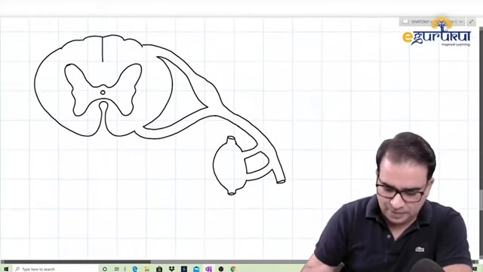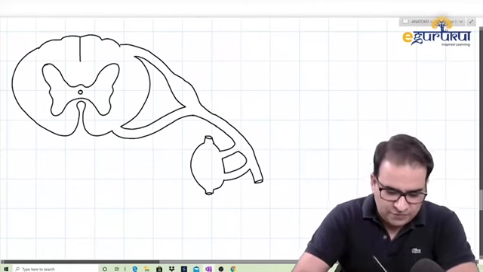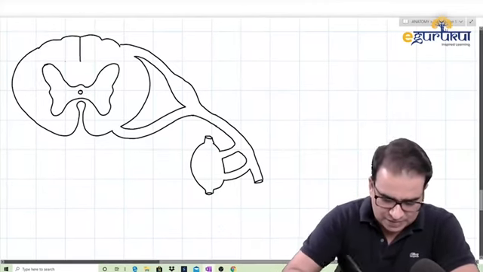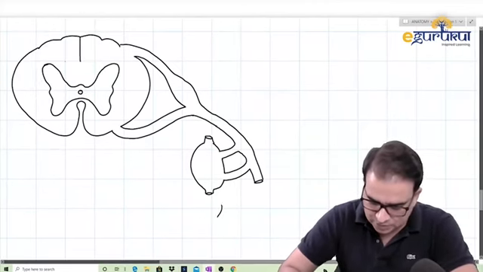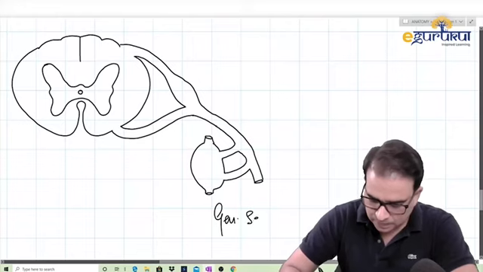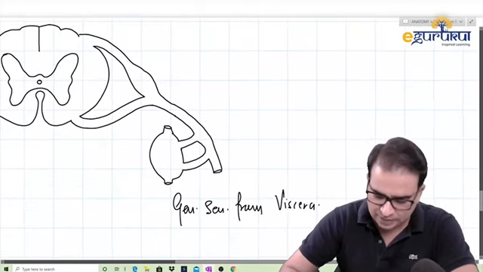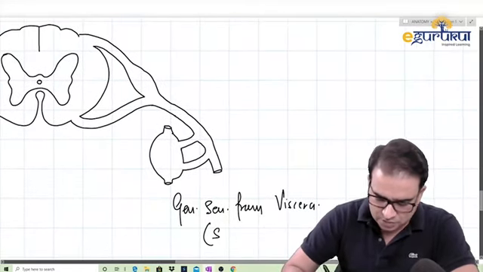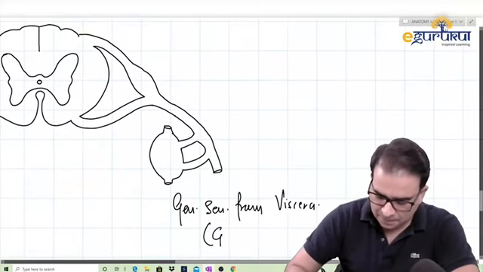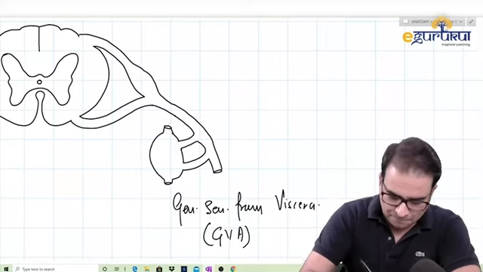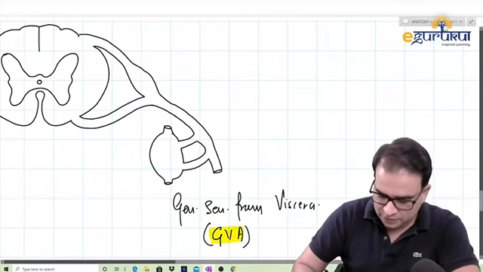Let me take another diagram here. Now we are talking about the GVA fiber, guys, that is general visceral afferent, the general sensation from viscera. That obviously comes under the GVA, general visceral afferent.